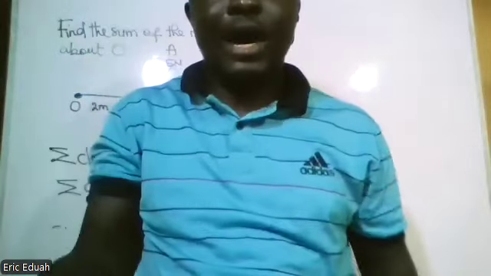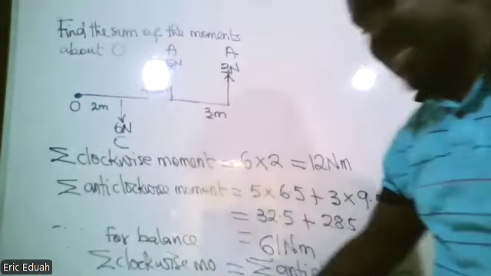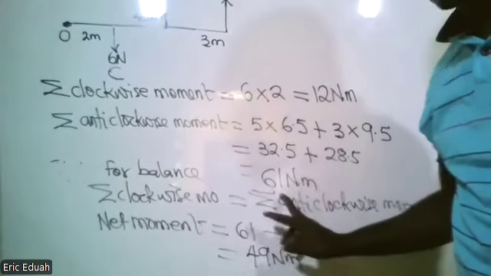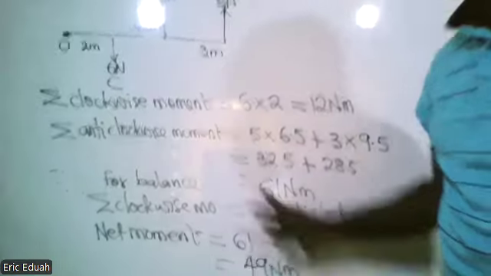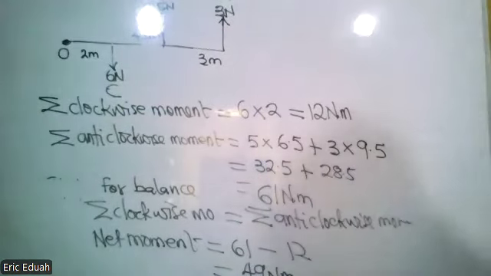So the anti-clockwise movement wins, or the net turning effect is in the direction of the anti-clockwise turning effect. This is what it means. Please, understood? Yes, sir. So if you are given these situations to calculate the net moment, that is basically what it means.